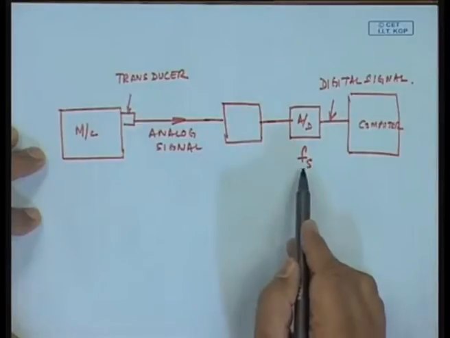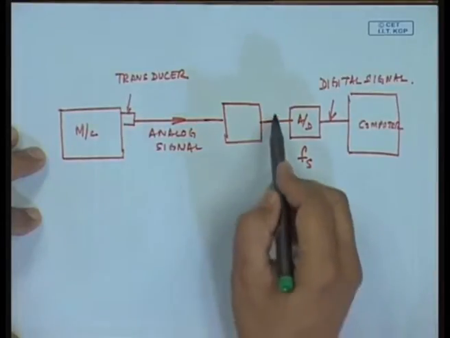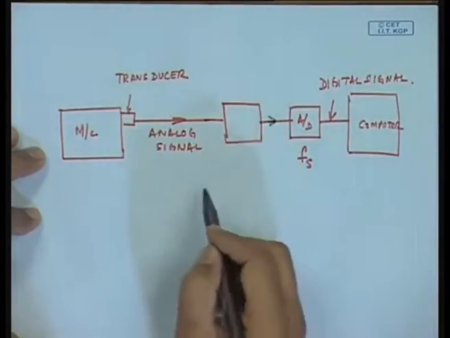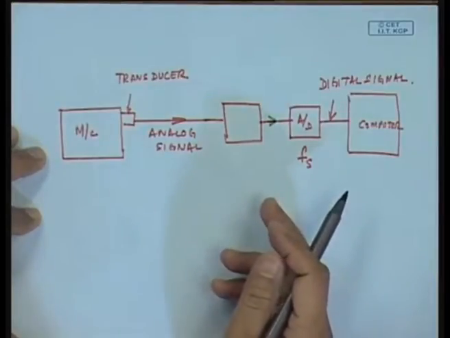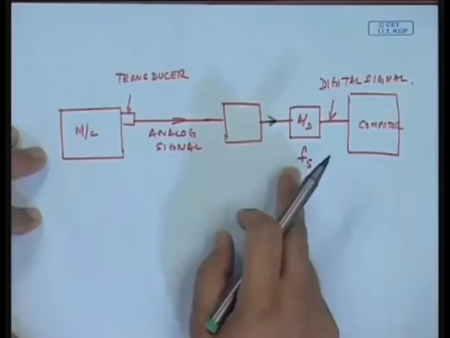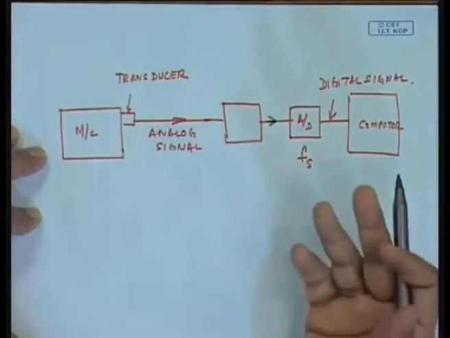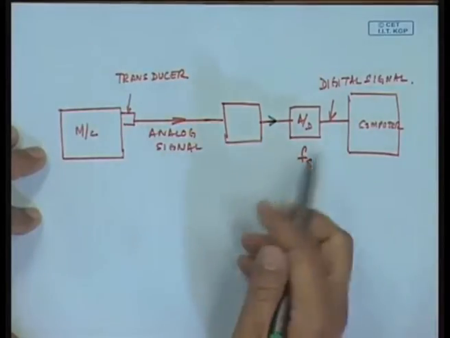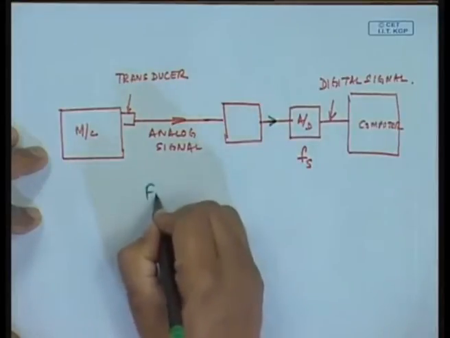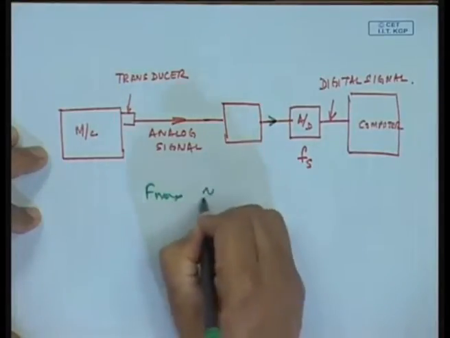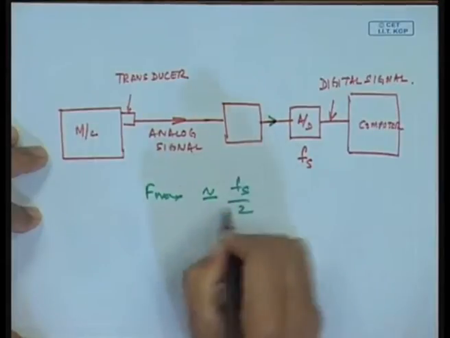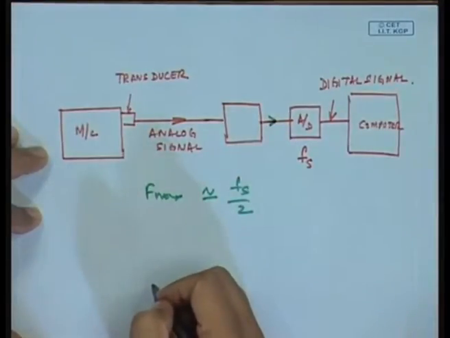If I can ensure that the signal coming in here has a maximum frequency of f s by 2, I am going to ensure that f s is always greater than or equal to twice of f max. So, if I limit my f max to f s by 2, I will then obey the sampling theorem.